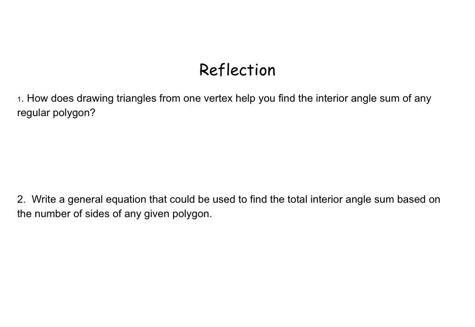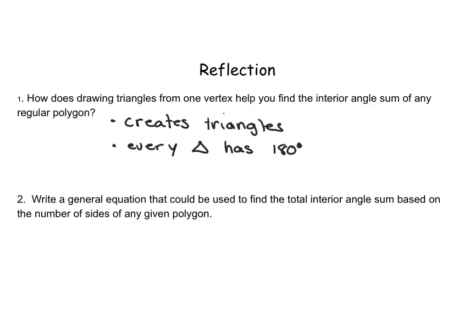How does drawing triangles from one vertex help you find the interior angle sum of any regular polygon? Well, it creates triangles. And every triangle has 180 degrees of interior angles.